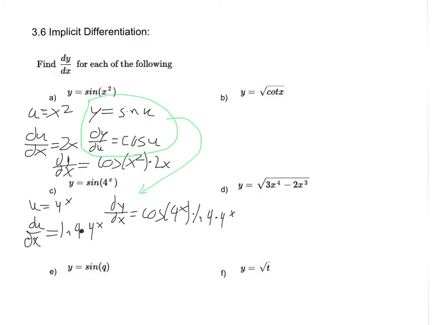So here, I'm going to do my work up top actually, some nice white space here. u is equal to cotangent of x. So the derivative of that, if we remember our rules, it's a cofunction, so it's got a negative, and then it's cotangent x.